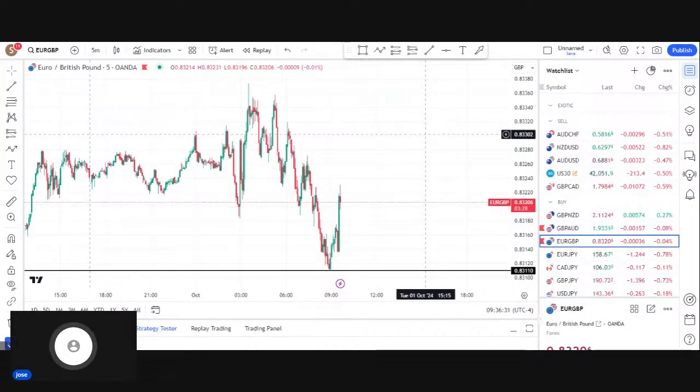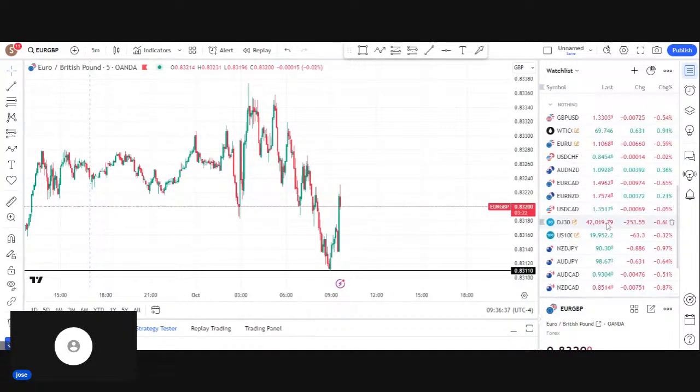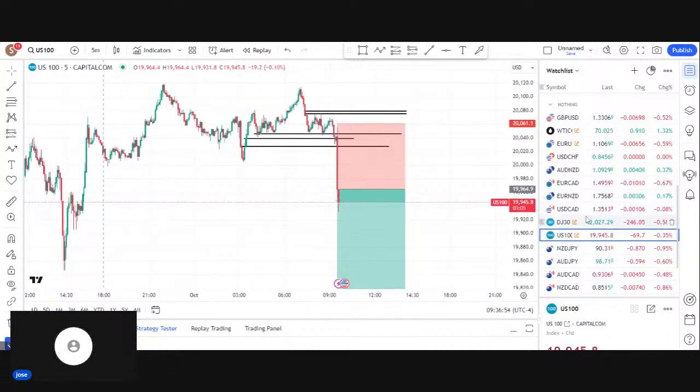So we'll just wait, and if it does not come, well and good. Tomorrow is another day. That's very important, understanding exactly what you want to see in the market so that you can track your trades.